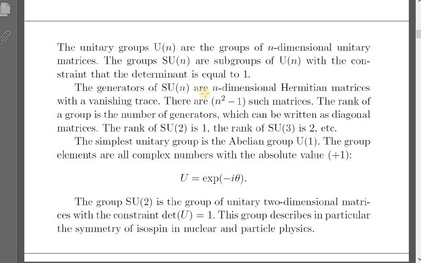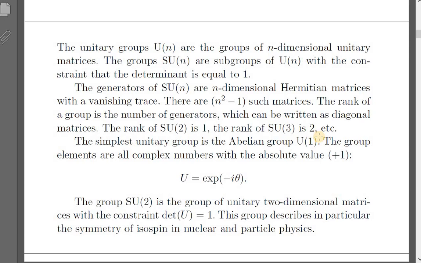Now the generators of SU(n) are n-dimensional Hermitian matrices with a vanishing trace, and there are n^2 - 1 such matrices. The rank of a group is the number of generators which can be written as diagonal matrices. So the rank of SU(2) is 1, and the rank of SU(3) is 2.